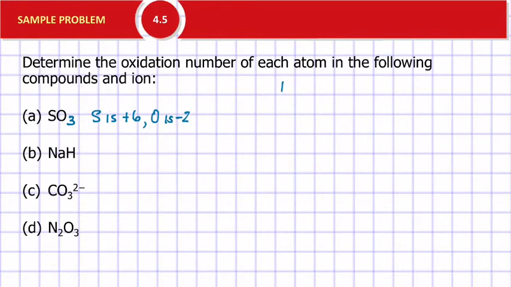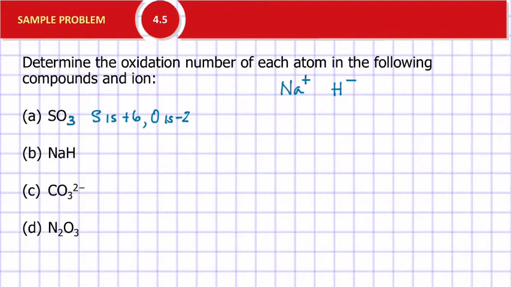So we've got sodium and we've got hydrogen. What does sodium have as its charge? +1. So then what must the hydrogen be? -1. I don't think we've seen that before, have we? What would we name this thing?